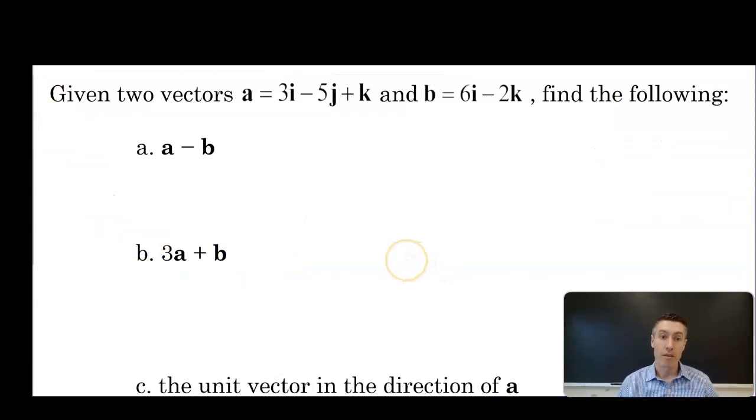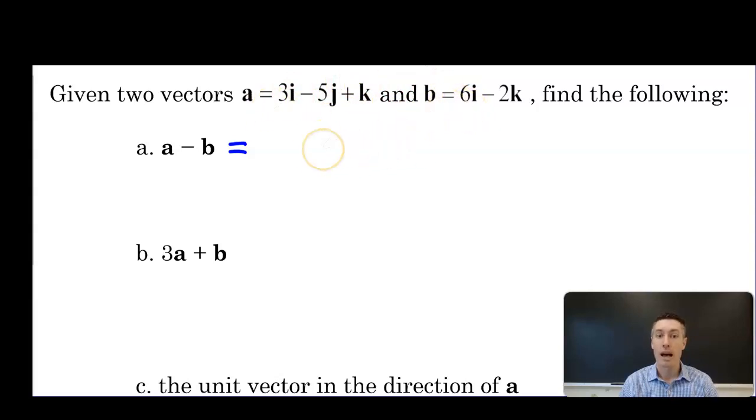So let's look at vector addition, subtraction, scalar multiplication, and unit vectors with this new notation of i's, j's, and k's. So A is 3i minus 5j plus k. B is 6i minus 2k. Find the following. A minus B. Okay, so 3i, 6i. We're only dealing with the like components still.